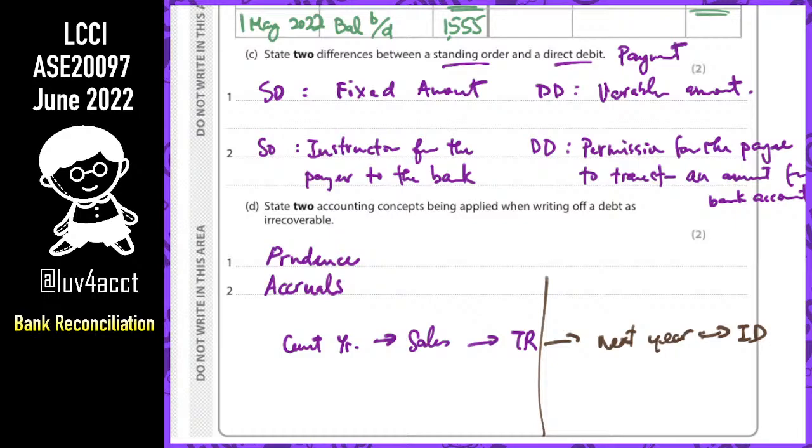If you do not provide for irrecoverable debt, then maybe it is written off in the next year. Or if you do not write it off in the current year, it becomes an irrecoverable debt for the next year. So you have to be careful which accounting period you should account for this irrecoverable debt. According to the accruals concept, matching principle, your expenses should be matched to your income.